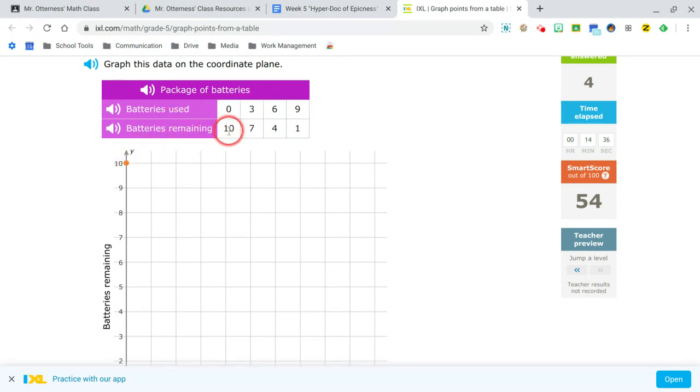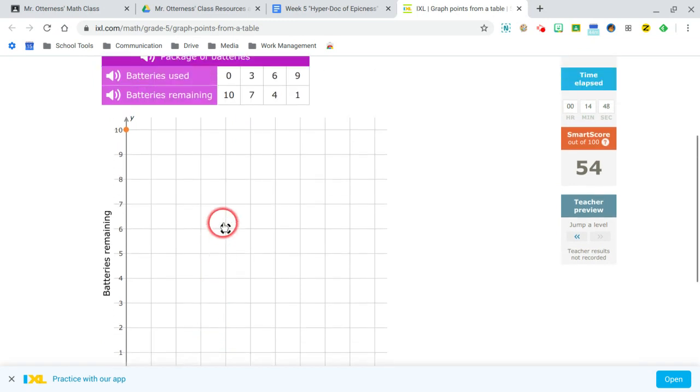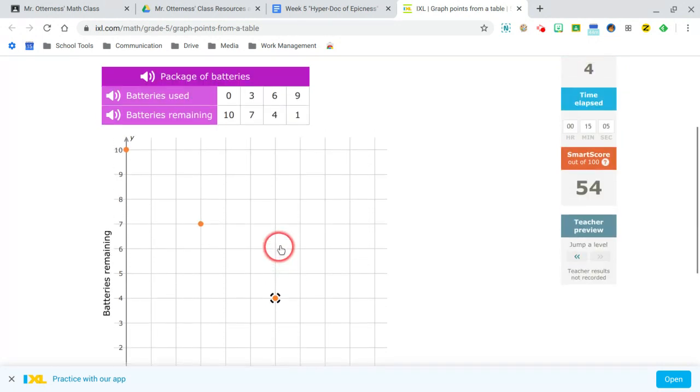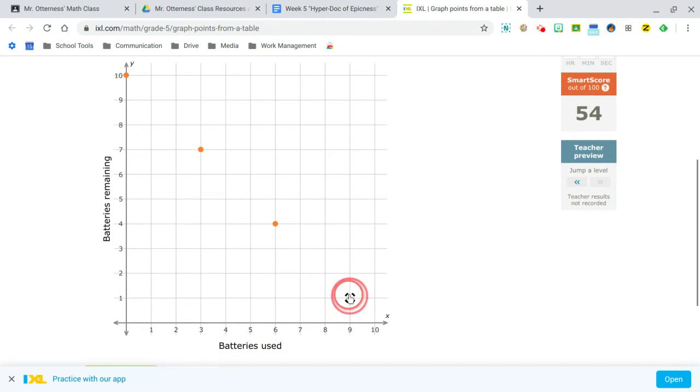If you started with 10, use 3, obviously you're going to have 7 left. So we go to 3 on the batteries used right here, and 7 right there. Okay? And then batteries used 6, batteries remaining 4. So 6 and 4. Batteries used 9, and 1 left.